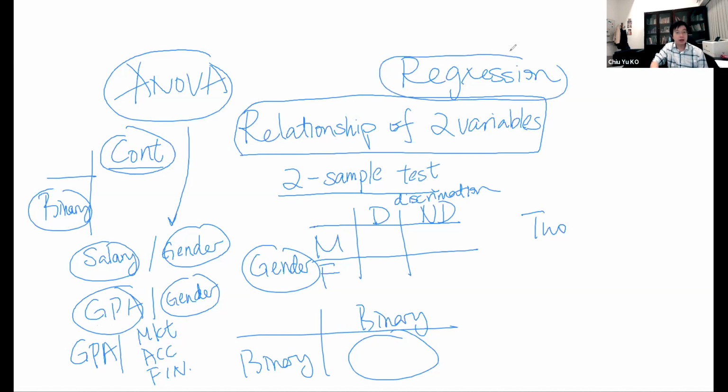And regression will be, instead of a binary, you are looking at continuous versus continuous. One common example you can imagine in business application is you're asking whether advertising changes sales. And usually what you do is you have a scatter plot, right?